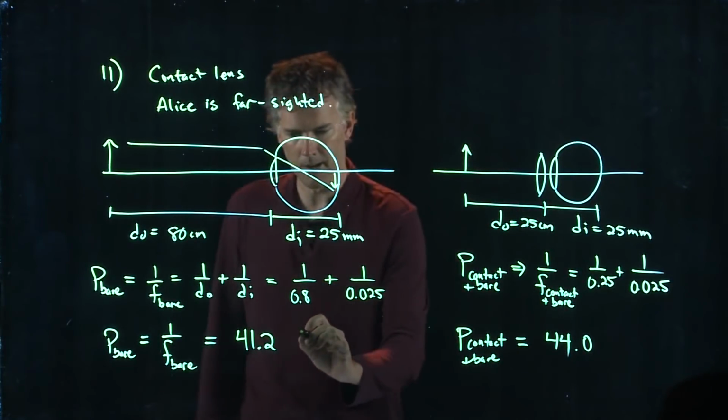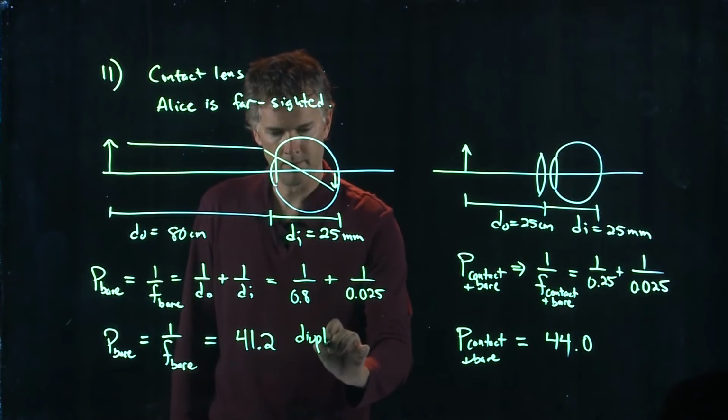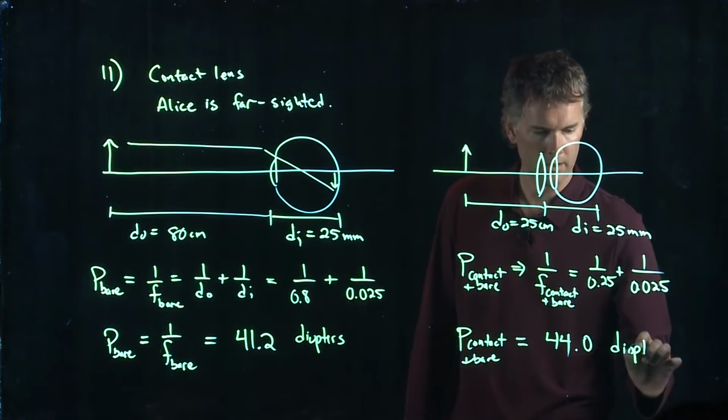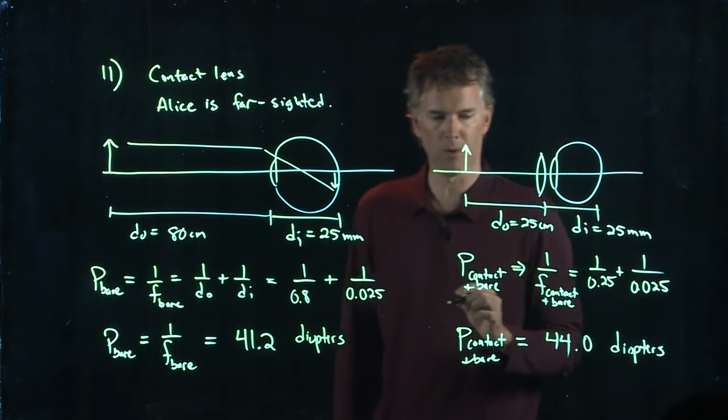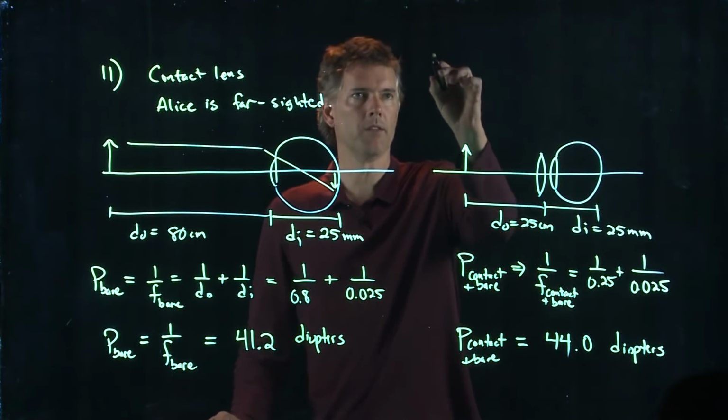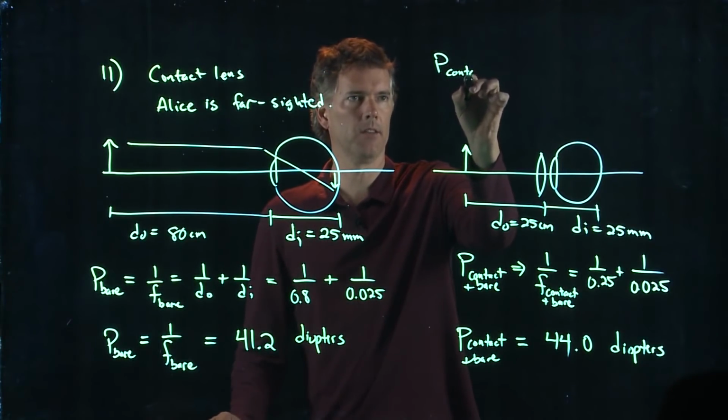Okay, these are both diopters. So the bare eyeball was 41.2. The system together was 44. And since you can add powers, what is the power of the contact lens?